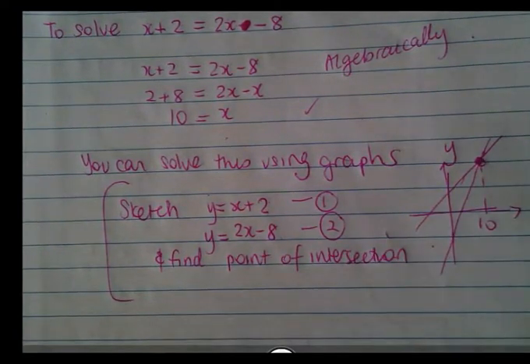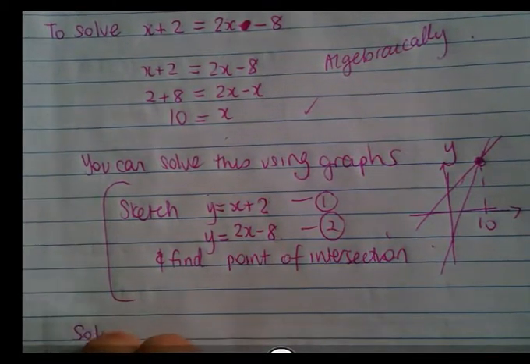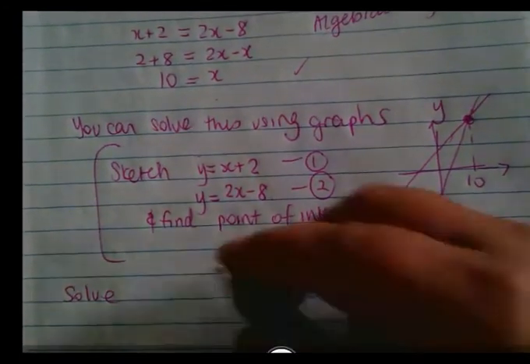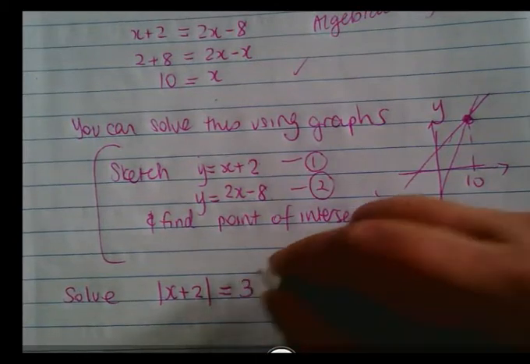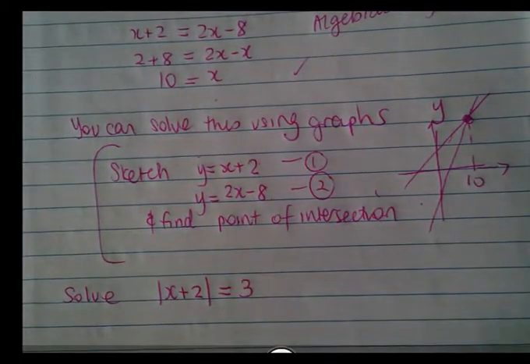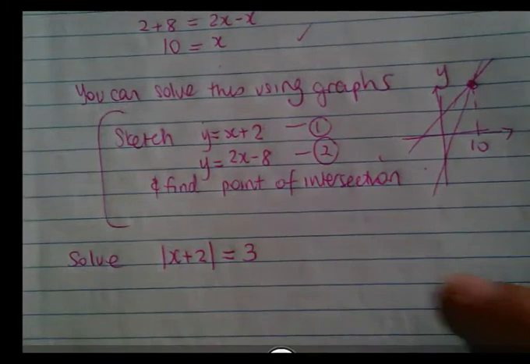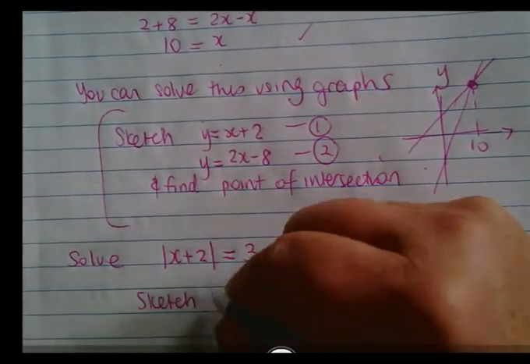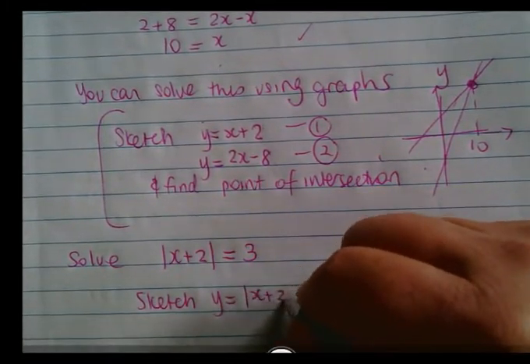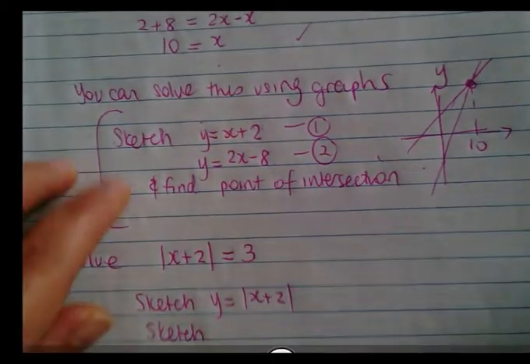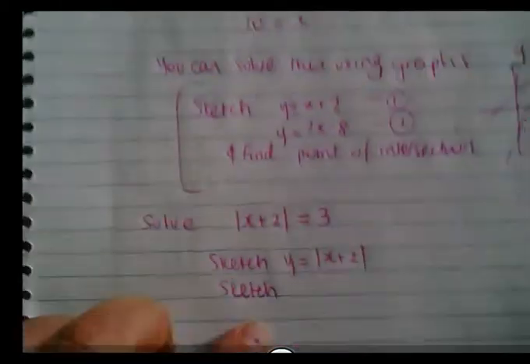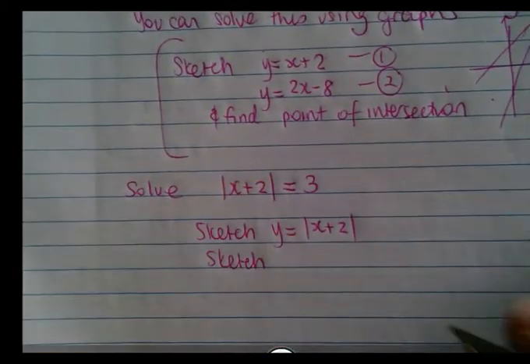All right? So if I ask you to solve something really unusual, I might say, solve the absolute value of x plus 2 equals 3. Using that same concept, what would you sketch? You could sketch y equals absolute value of x plus 2, and y equals 3.